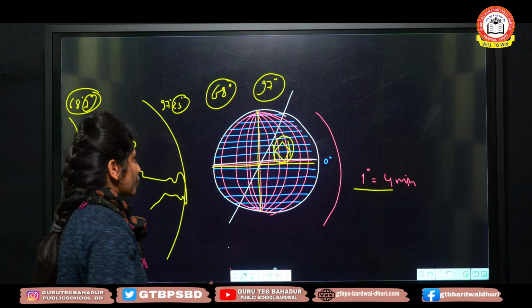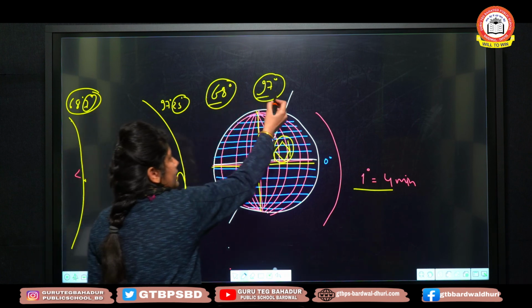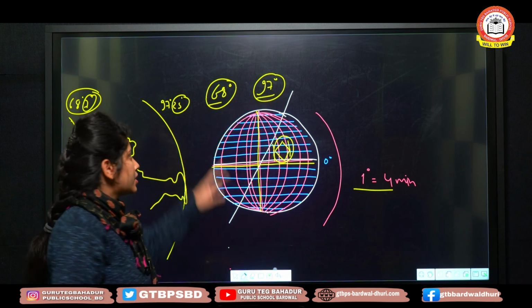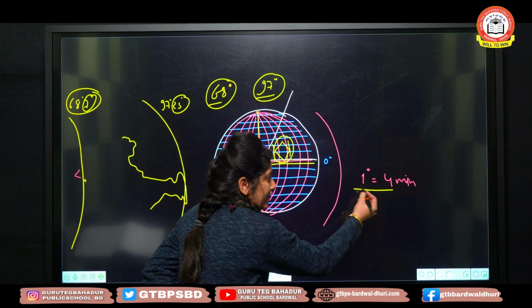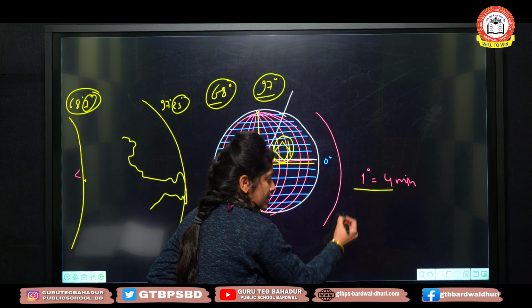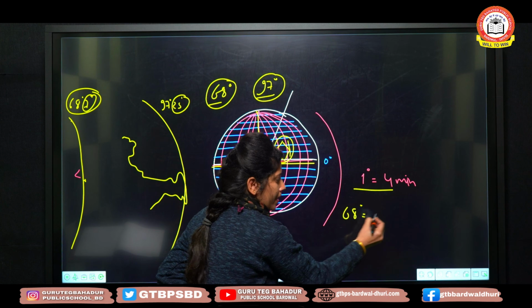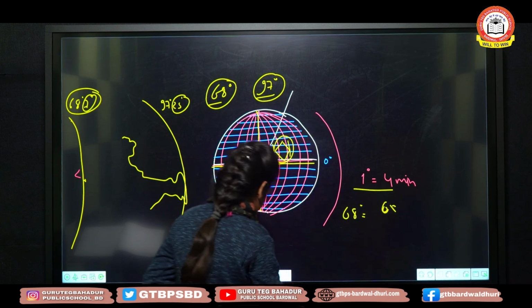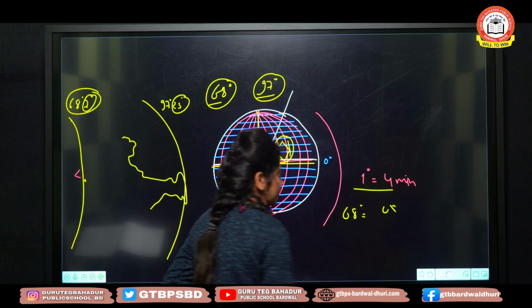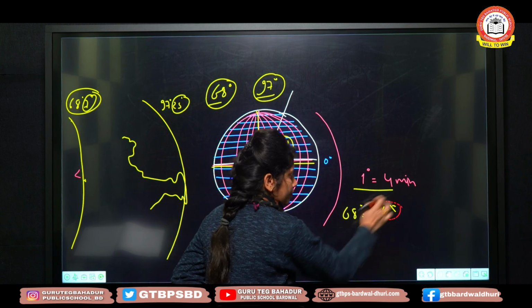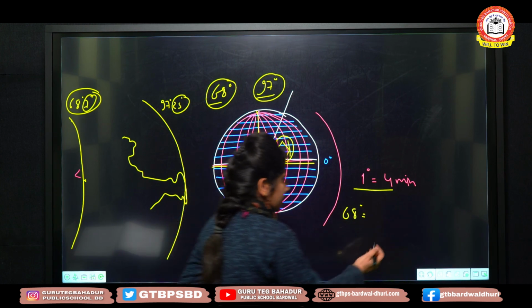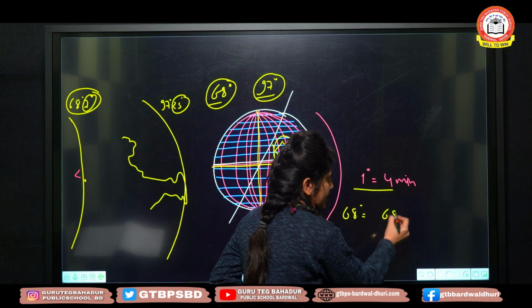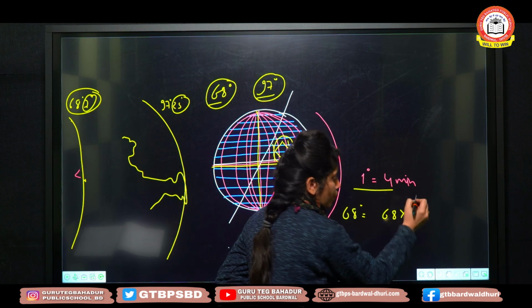Okay, so 68 degree and 97 degree, let's calculate the time. 68 degree, 1 degree equals 4 minutes. 68 degree equals 68 multiplied by 4.